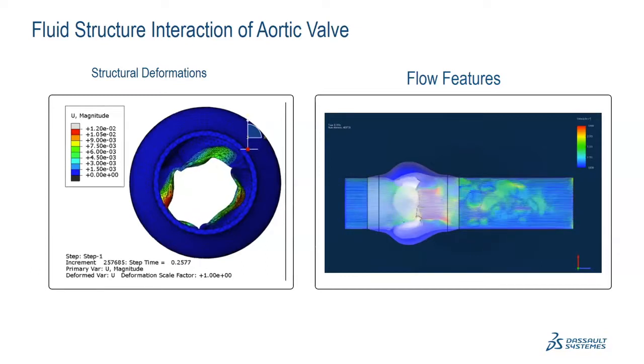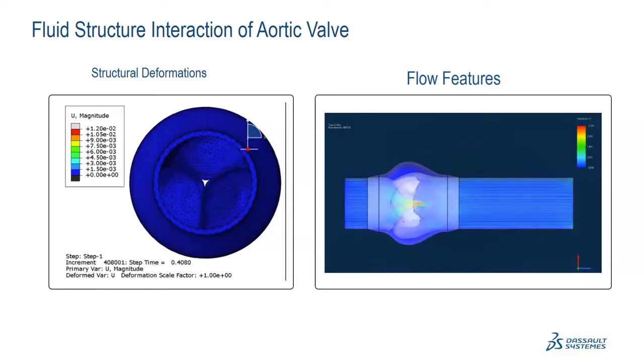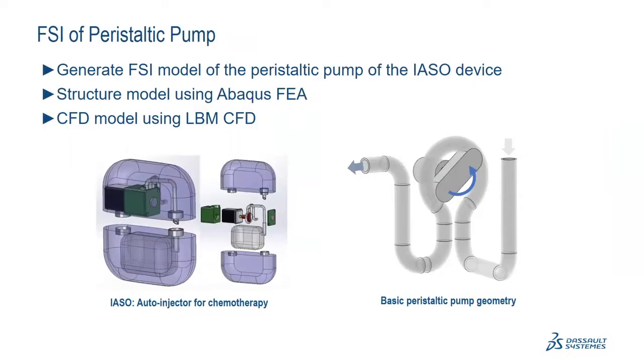So you can see that we can do structural deformation together with flow features. In fact, on the left you're seeing this modeled by Abaqus FEA, and on the right you're seeing the fluid flow done by our solution called XFlow. Another quick example is the peristaltic pump. With the peristaltic pump, we are able to do the same thing.